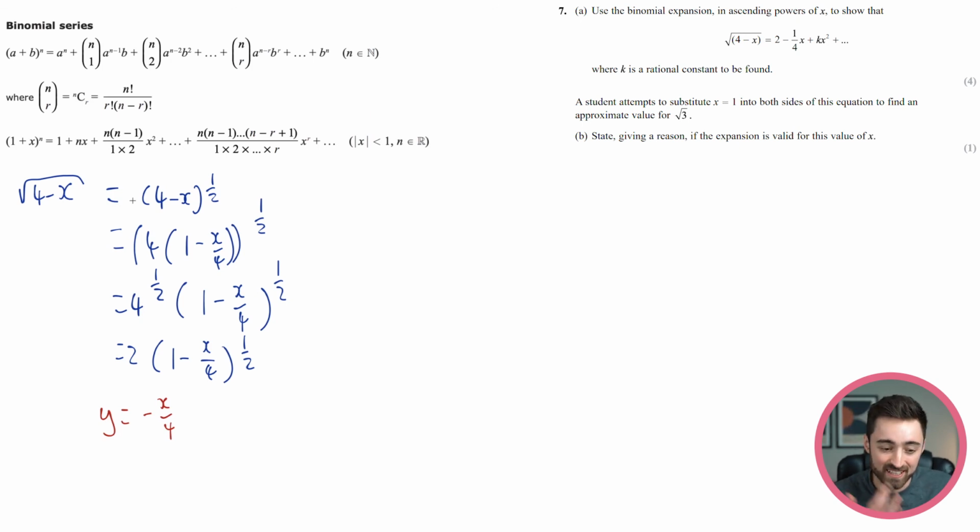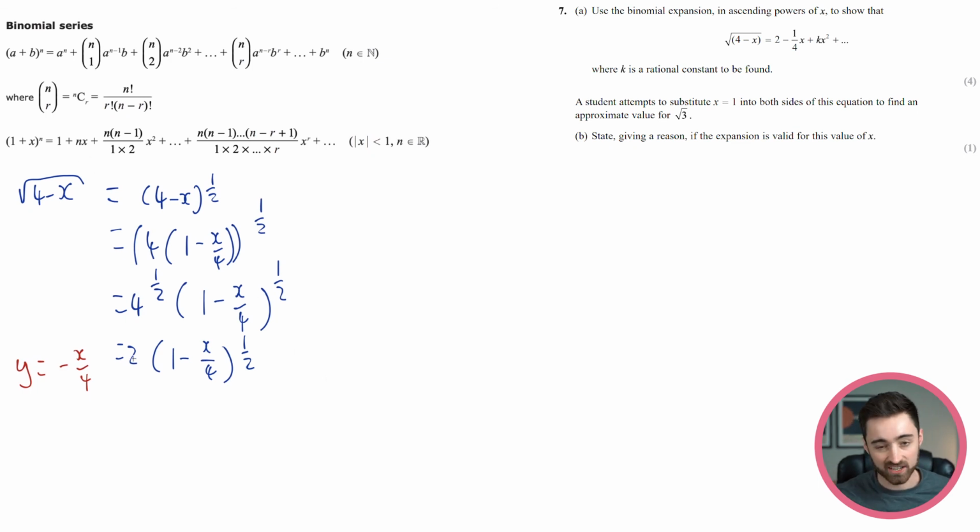So, you know, we are allowed to. You need to make sure there's a 1 there, but don't be put off if it's not just plus x. It could be 2x, it could be minus x over 4, because variables are variables, aren't they? We can redefine them. Okay, so that's the reason I can use this. So essentially my x in this is just going to be minus x over 4. And I basically just sub it in at this point.